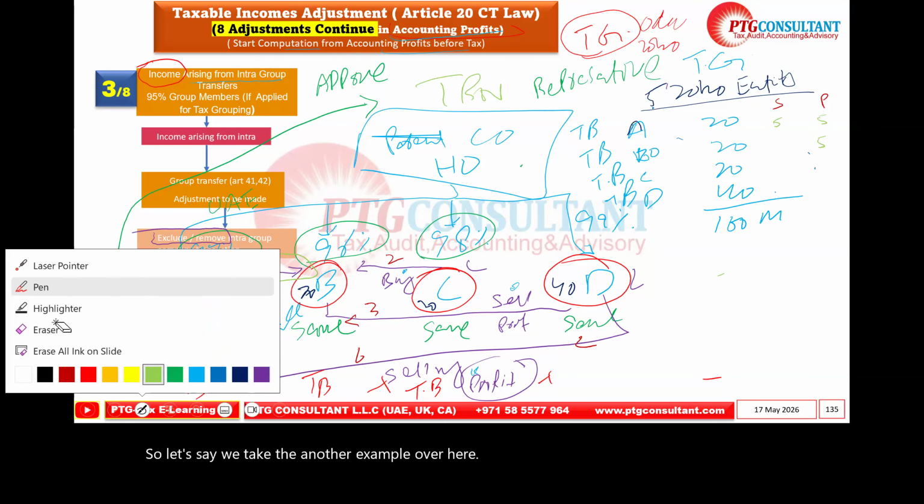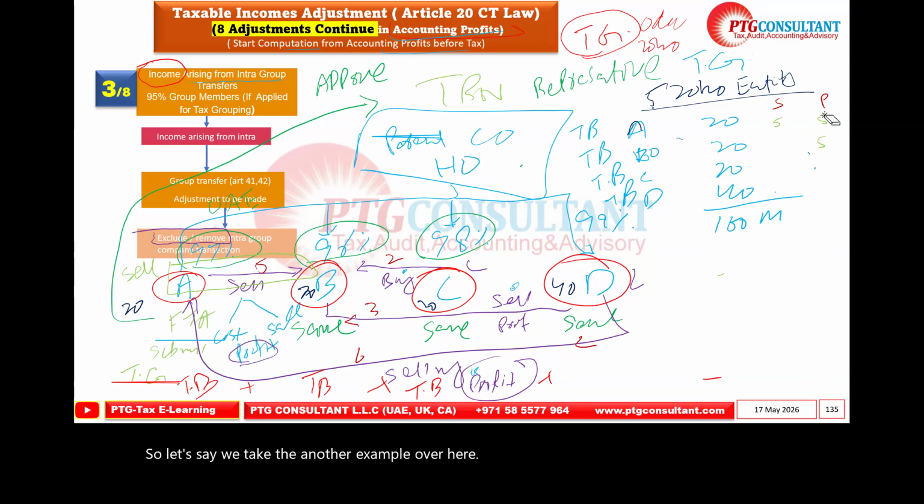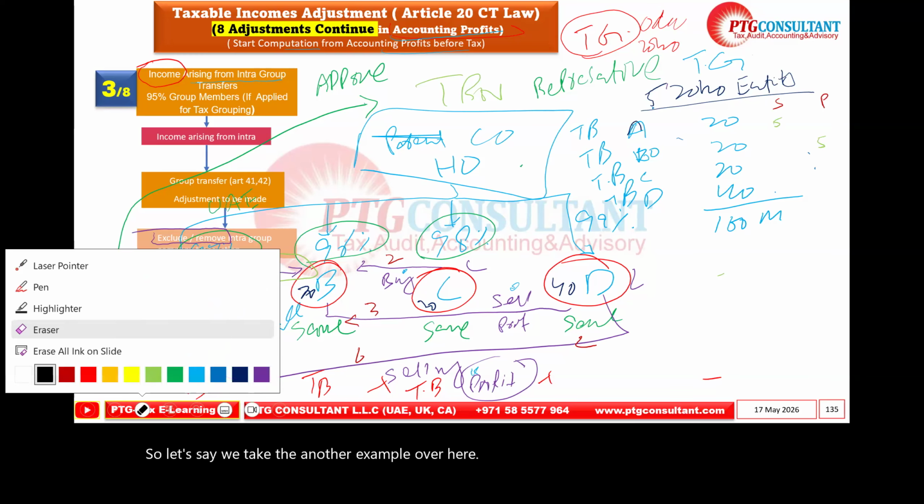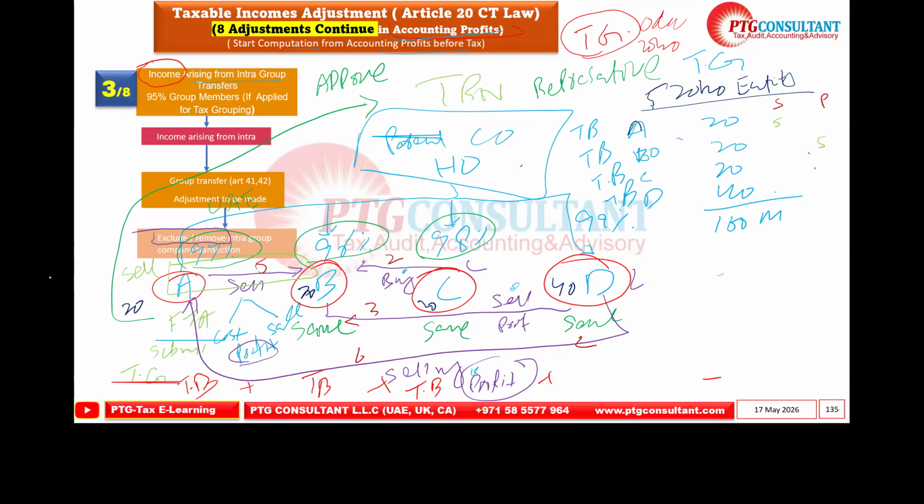Just as a practical scenario, take this example. Now let's see the next transaction, B to C, actually C to B. C made sales of 2 million to B, so of course B has another purchase of 2 million. Then D to B, how much? 3 million.